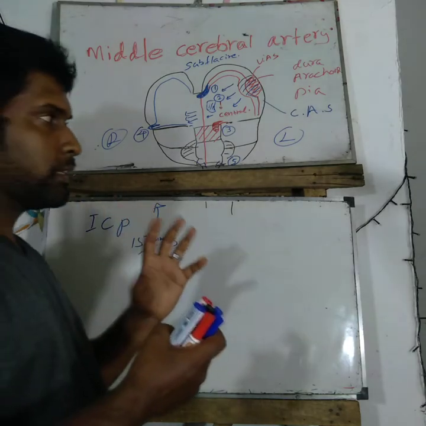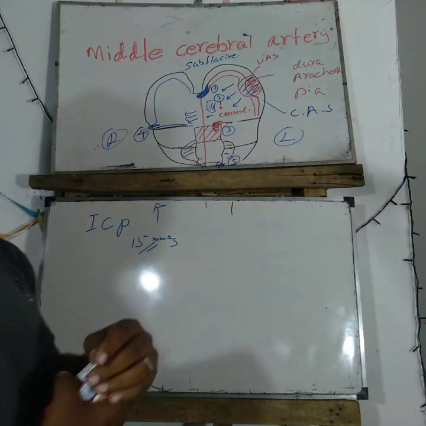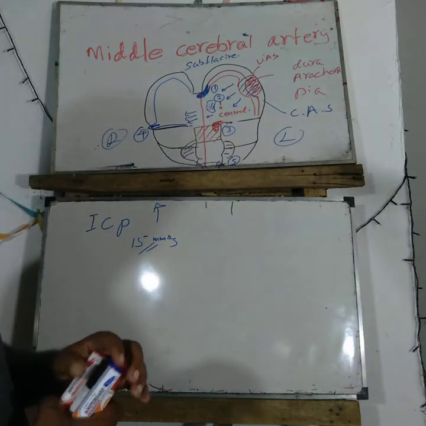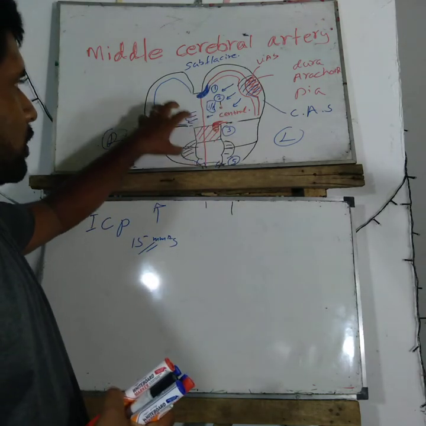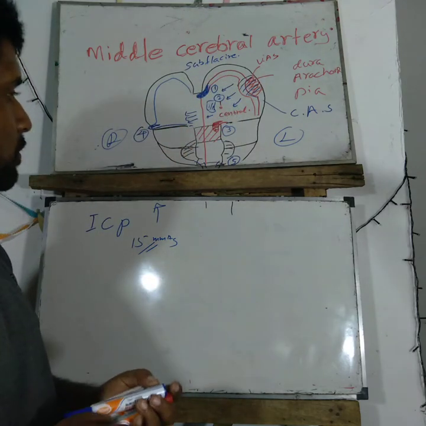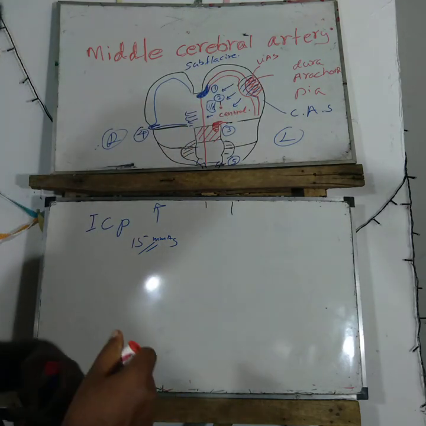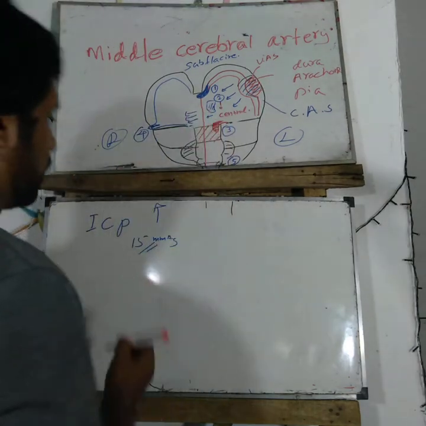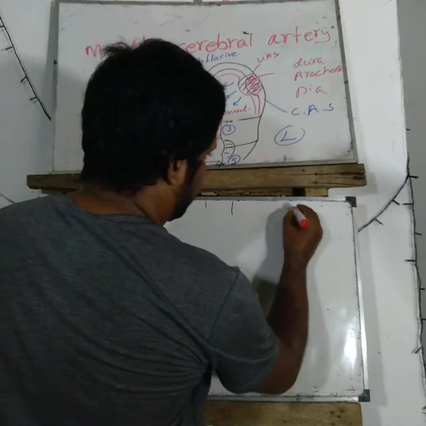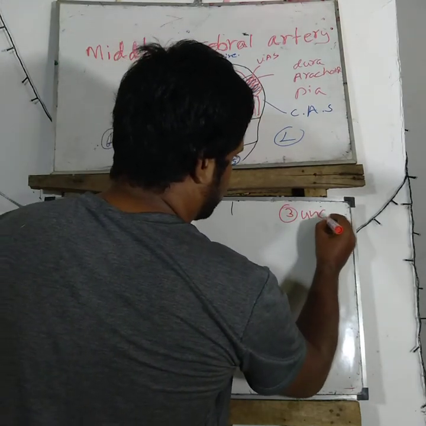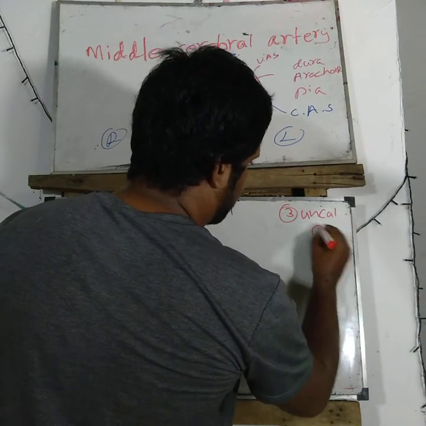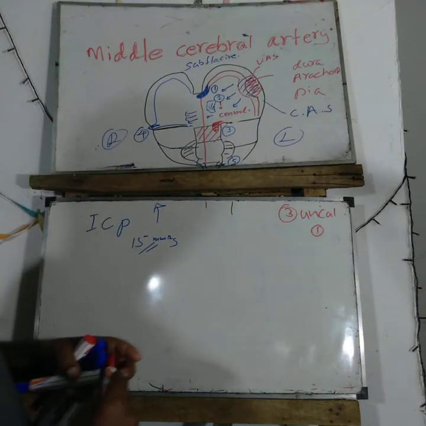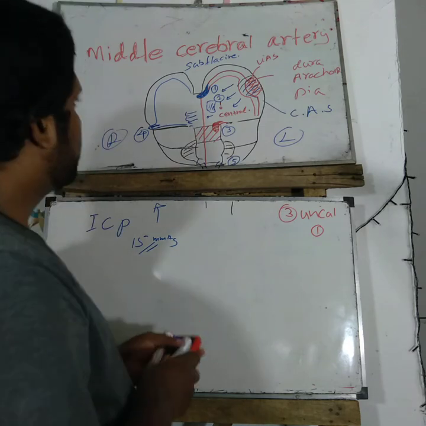The therapist can understand this situation. That's the most important. Then we talk about these small points. First we can understand the patient's uncal herniation. It is the most important to understand. Three points, uncal herniation. Right, we are going to discuss one by one.